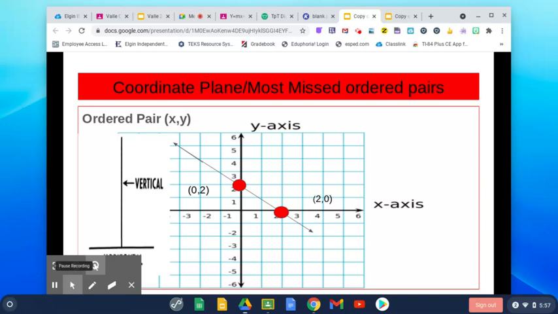Notice that a point that lies on the x-axis, the y will always be 0. If the point lies on the y-axis, the x will always be 0. And again, remember, your y is the vertical, your x is the horizontal.